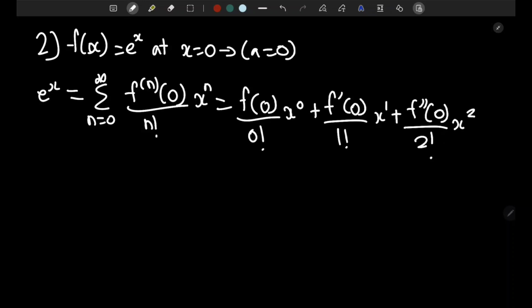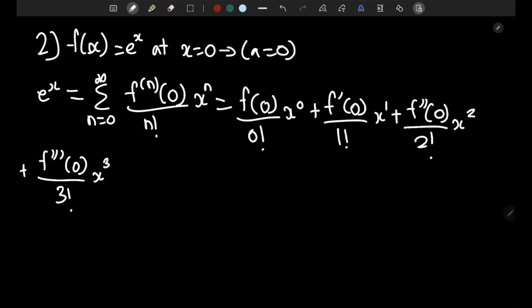Now the next one, when n is equal to 3, f triple prime at 0 over 3 factorial multiplied by x to the power of 3. And normally questions will just ask you for the first 3 or 4 terms, and that's it. So here we did our first 4 terms, so that's enough.